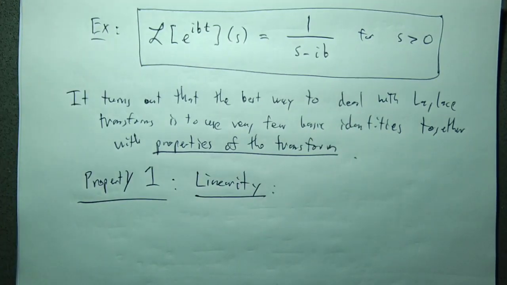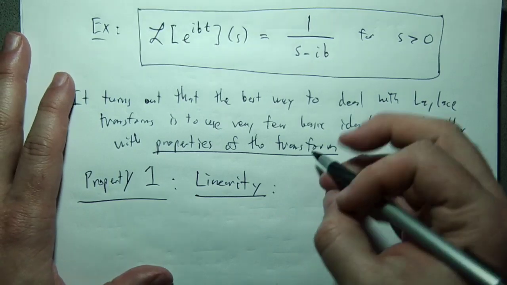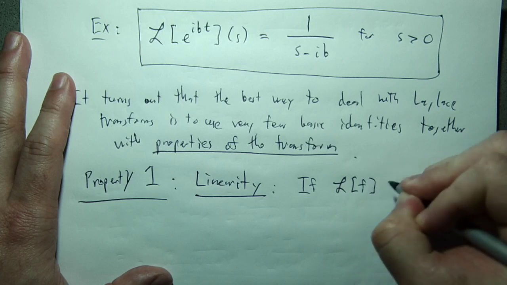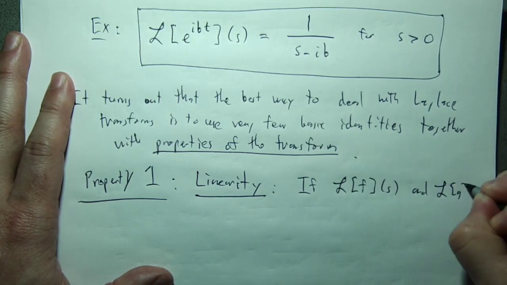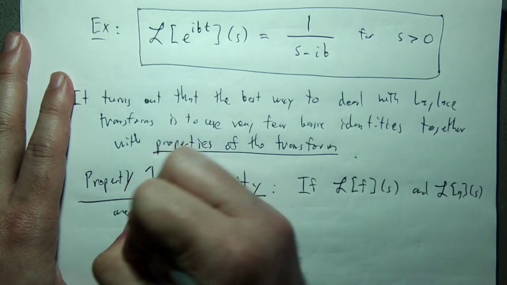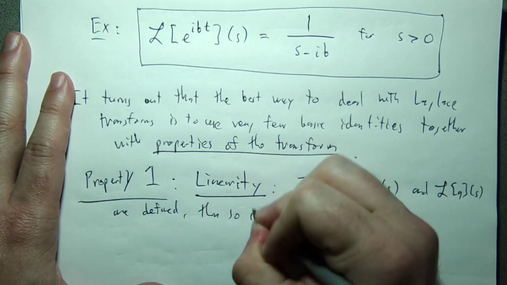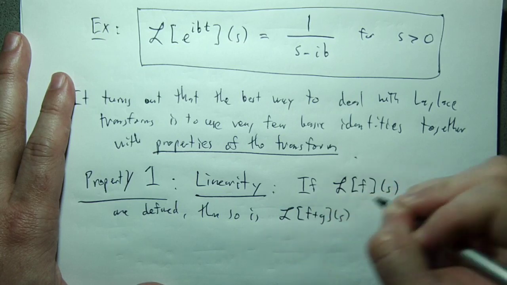This might not be that surprising to you since the Laplace transform is defined as an integral of something, and you know that integrals are linear, right? So what does this mean? If L of f of s and L of g of s are defined, then so is the Laplace transform of f plus g of s.